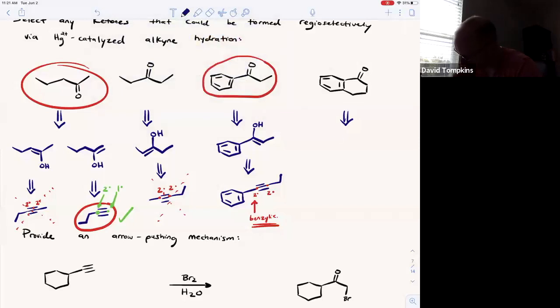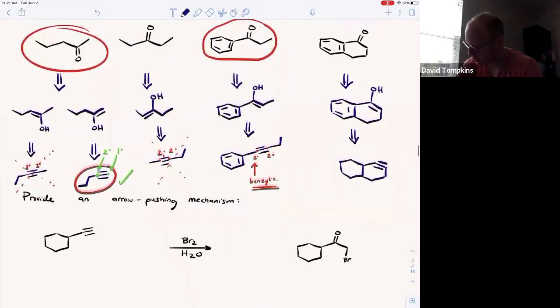And the last one is cyclic, which is going to be a problem. It would come from a cyclic enol, which is possible, but if you try to think backwards from there, you'd have to have a triple bond in a ring, and that's very unstable.